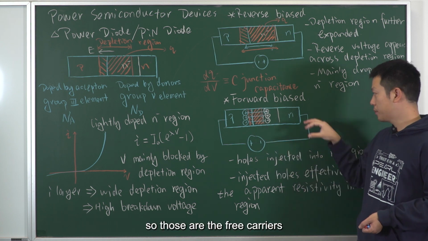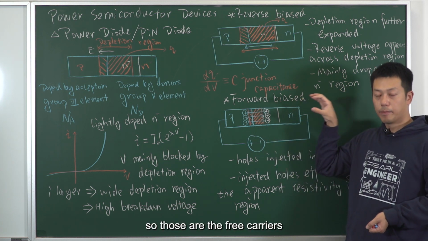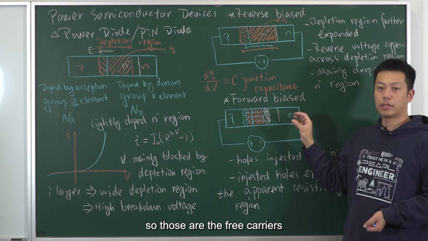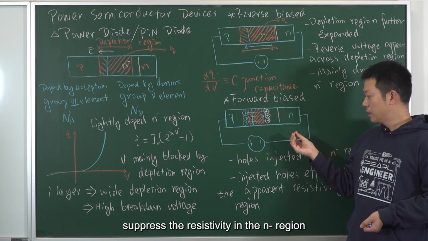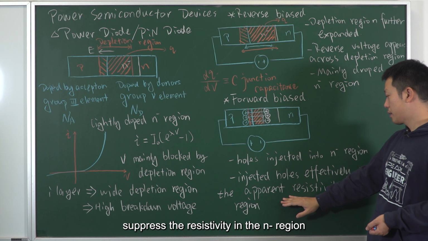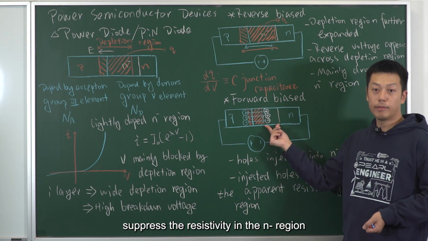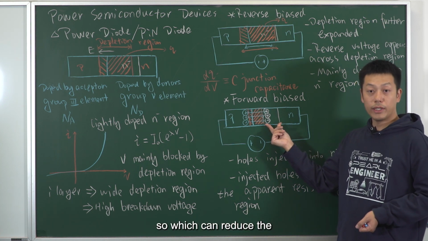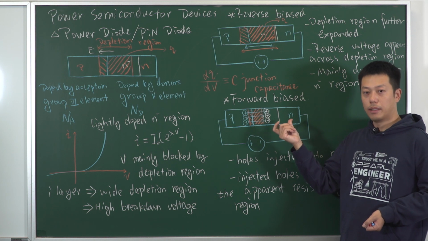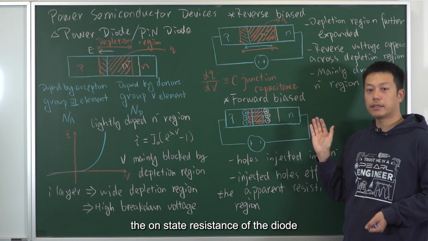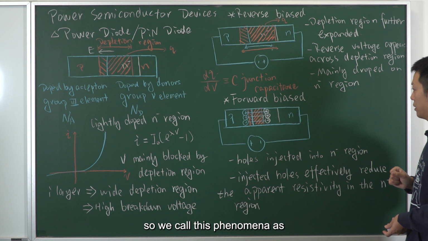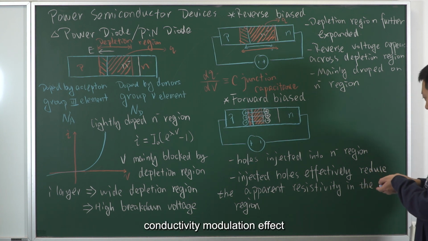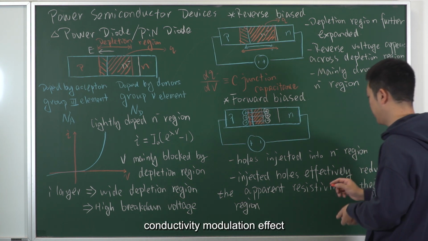Those are free carriers, right? So those can suppress the resistivity in the N minus region, which can reduce the on-state resistance of the diode. So we call this phenomenon the conductivity modulation effect.